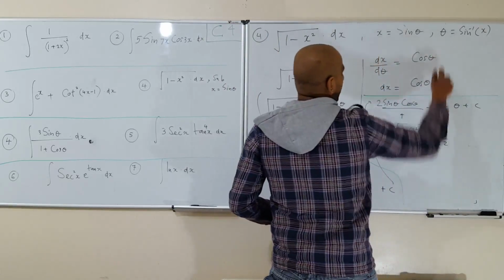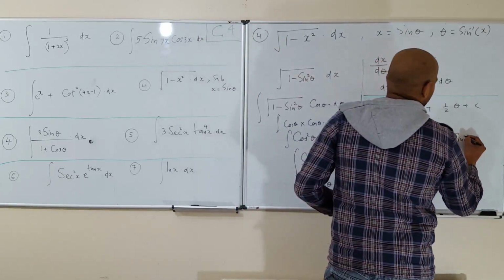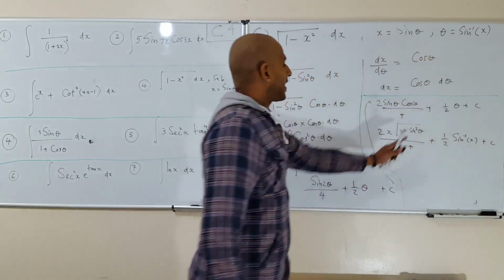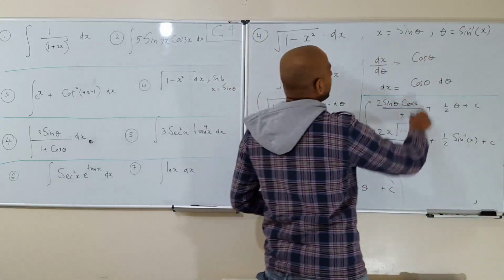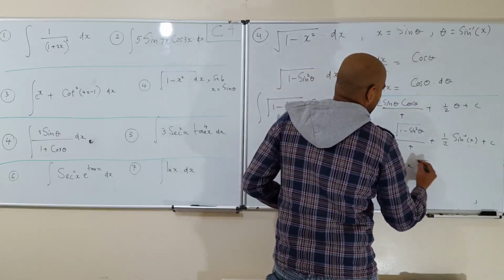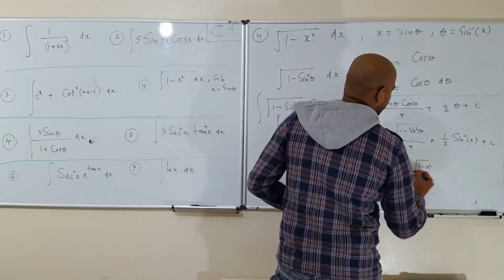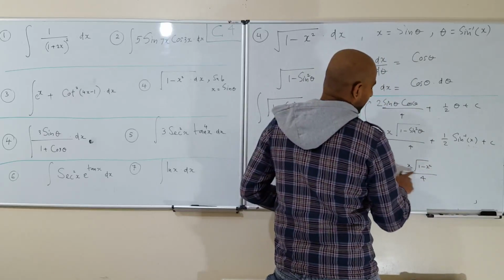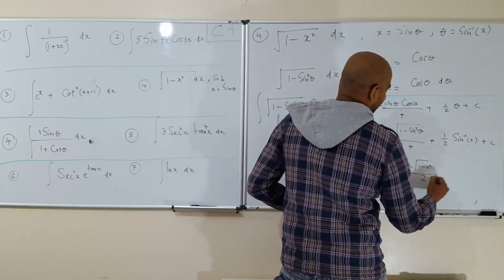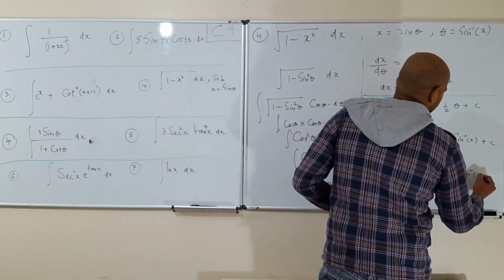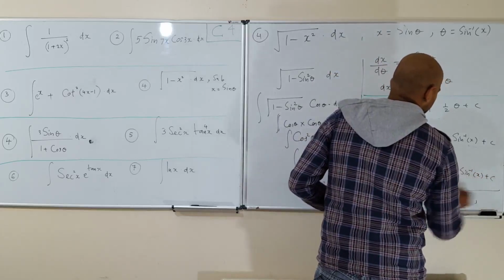Theta is basically equal to sine inverse x plus c. Now I can replace this sine squared theta with x squared. So what I'm going to get is 2x square root of 1 minus x squared divided by 4, which can be simplified a bit actually already here, 2 plus a half sine inverse x plus c. That's the complete answer.